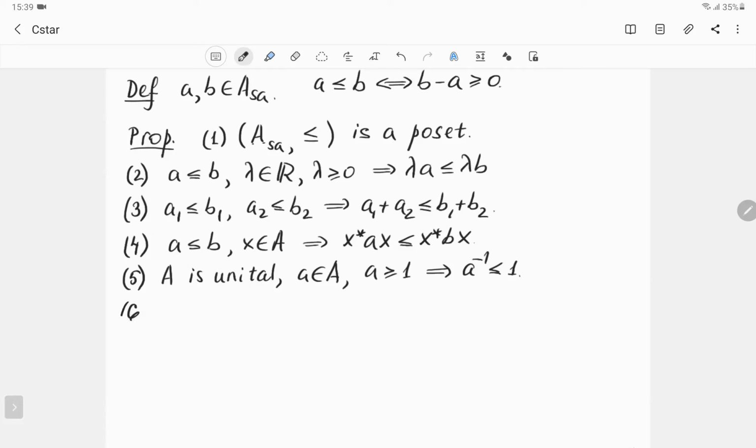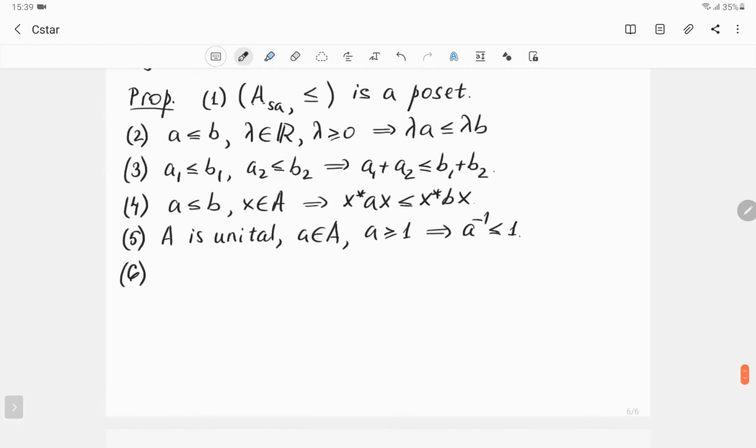Property 6, it generalizes property 5, namely if A is unital and we have two elements of A, little a and little b, such that they satisfy the following relation, and both a and b are invertible, I claim that in this case, b inverse is less than or equal to a inverse.